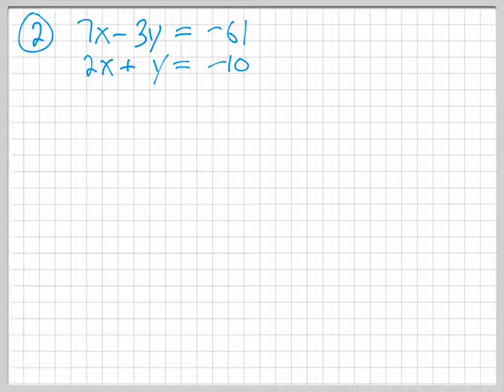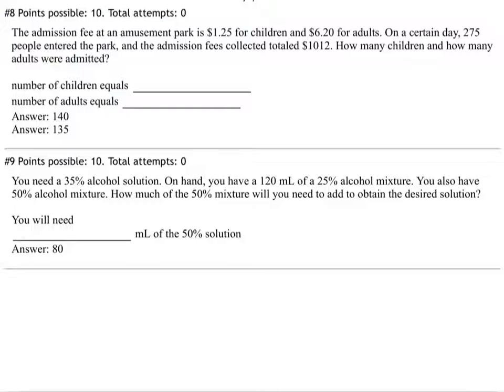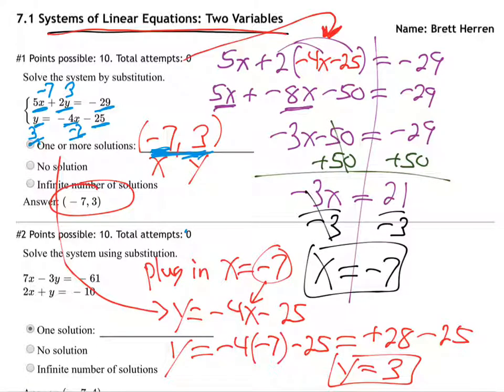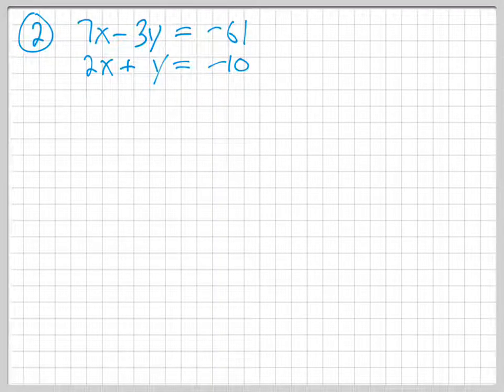We're wanting to solve by the substitution method, but this time it's a little more tricky. We don't have an x or y alone. See how in the last problem, number 1, we already had y alone in the second equation, y equals negative 4x minus 25. Y was already alone, so that was easy. Well, in this one, neither y nor x is alone.